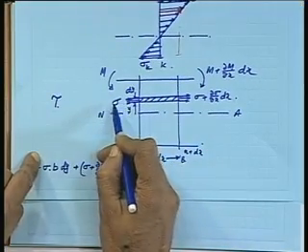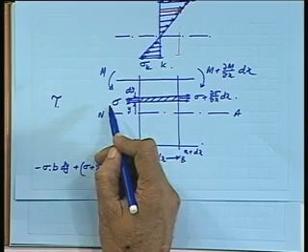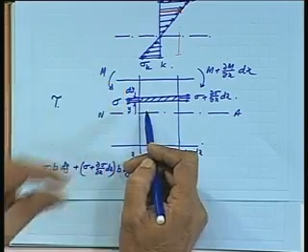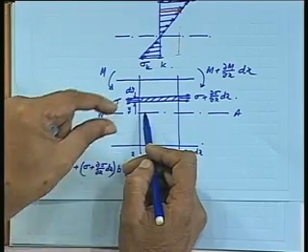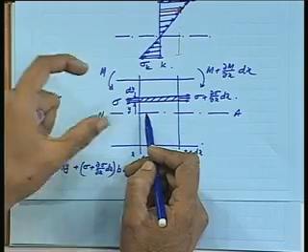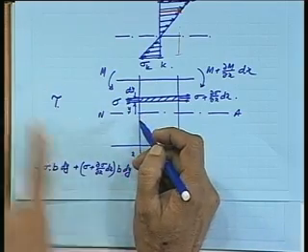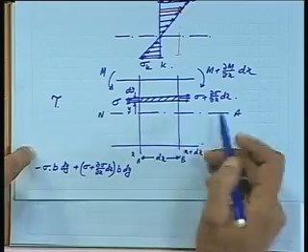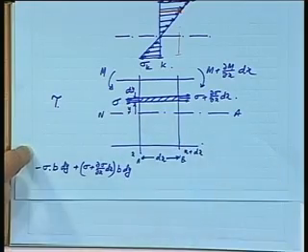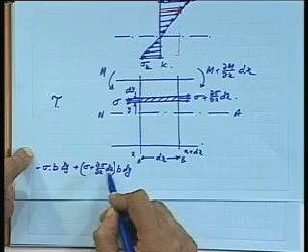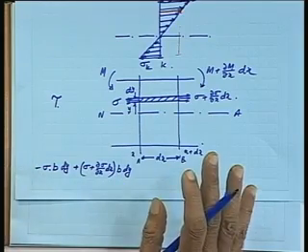So what is this force? Stress into the area. What is this area? If I consider that the thickness here is dy and this is extending in this direction to b, then b into dy is the elemental area on which this sigma is acting. On the other side, on the same area, we have a stress which is sigma plus del sigma by del x into dx.